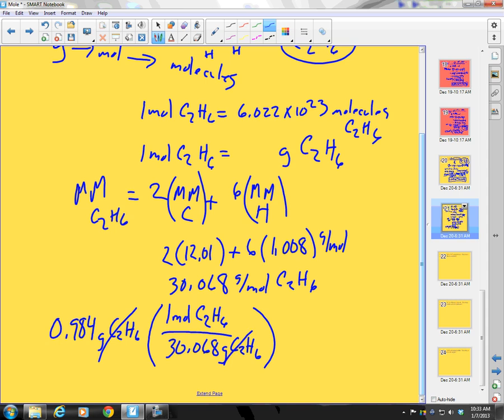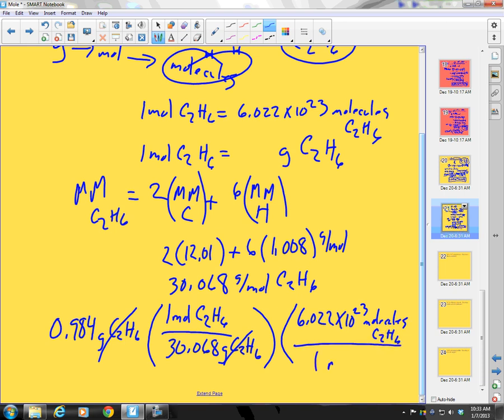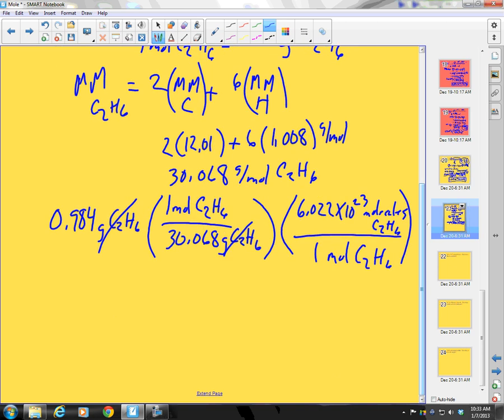What is it that I want? I want molecules. So then we say what? I have 6.022 times 10 to the 23rd molecules of ethane over 1 mole of ethane. Yeah, good. Now we just run the numbers because look at my moles of ethane cancel. What am I left with? Molecules, and that's exactly what I'm looking for.